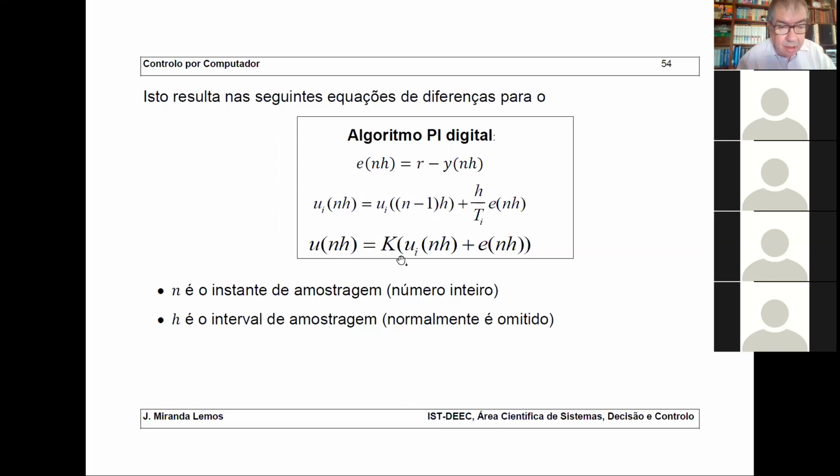And finally, you add the two terms, u_i and e, and multiply by the proportional gain, okay? So to implement this algorithm, what you need is a position of memory to memorize the last value of u_i, and some multiplication by constants and some summation of variables, okay? You can do it even with very low-powered computers.